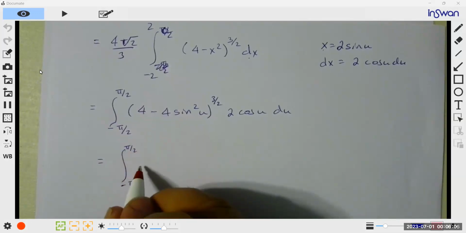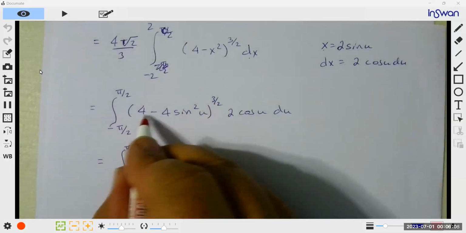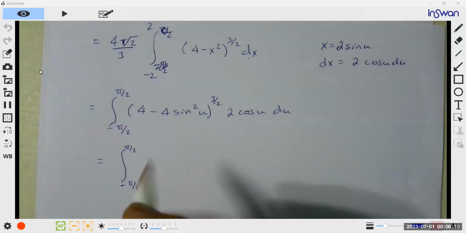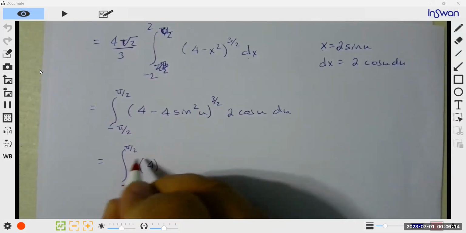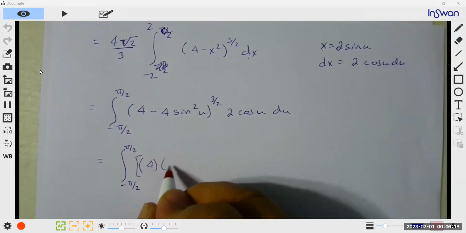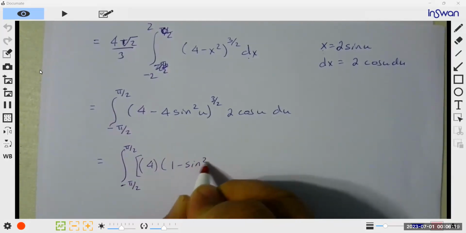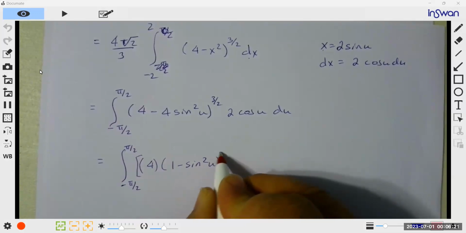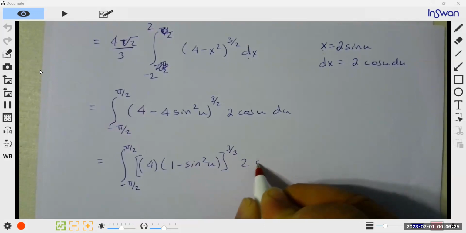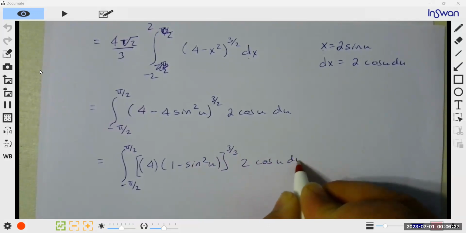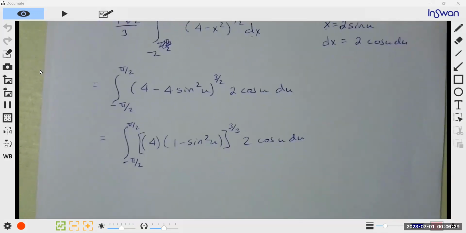So first I can factor out, well, I can distribute, I can factor out a 4. So what I'm going to have here is 4 times 1 minus sine squared u, and all this is still to the power 3/2. I can split them up.